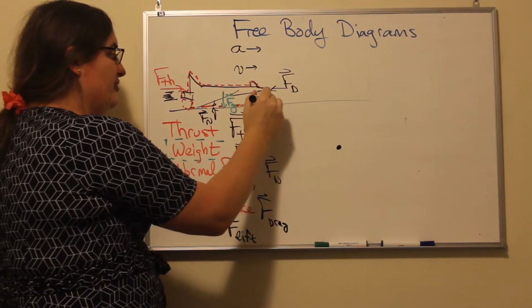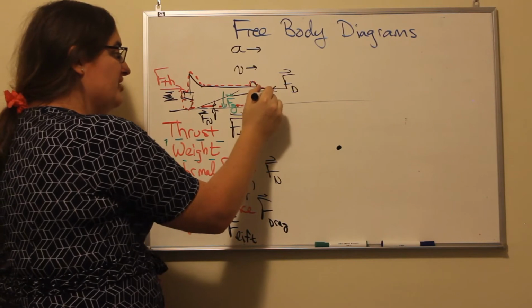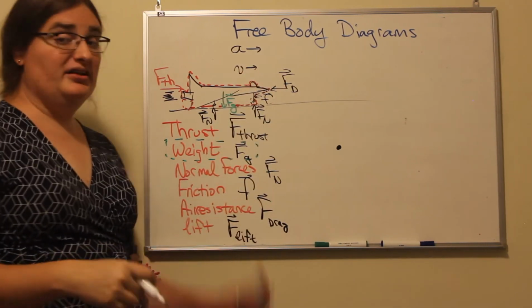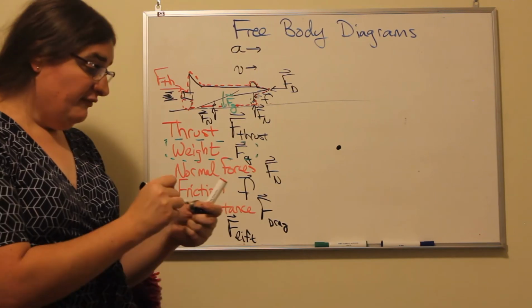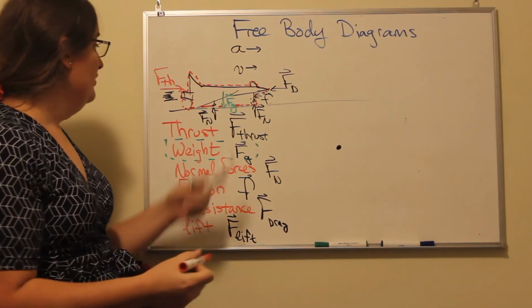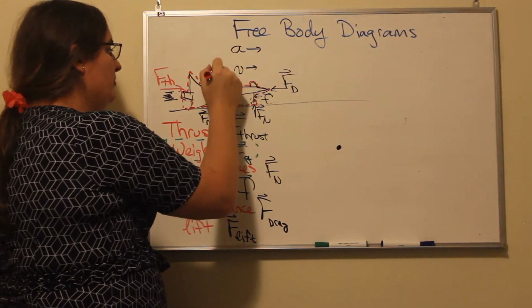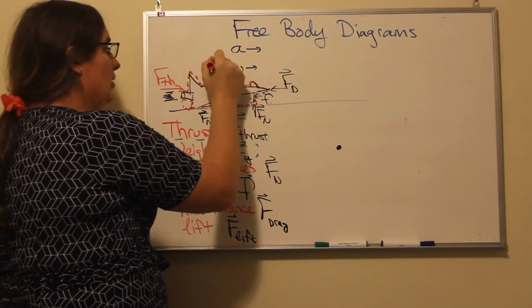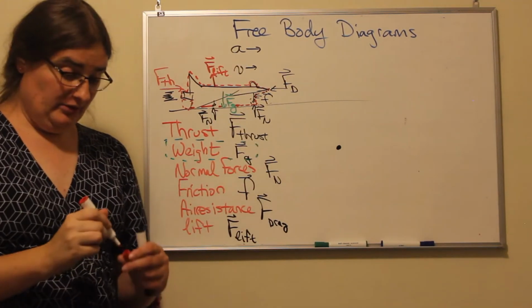And that force of friction would be opposing the motion of our object. And the final force that we would get would be lift, so that force of lift would be pushing upward all along the wings of our plane.